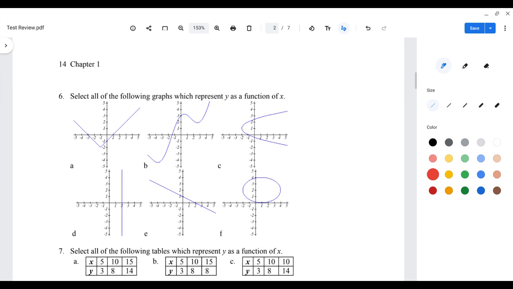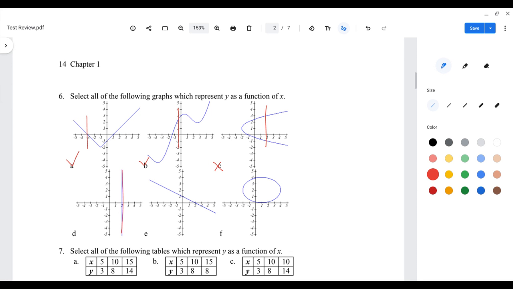This one is the same idea. It's just a different function. So here, check. Here, check. Here, no check. Here, this is tricky, right?